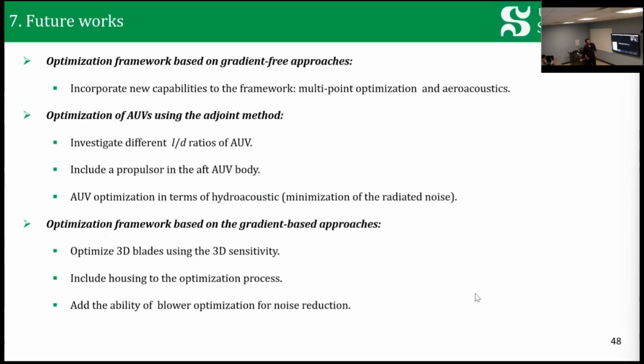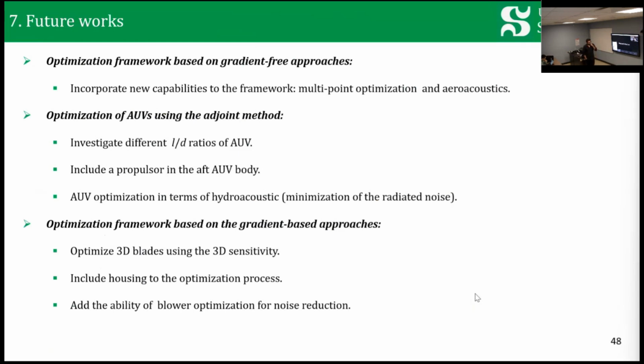Future work for the gradient-free approach, the framework: for modern turbo machines, it is important to have different operating points. So it is important to add multi-point optimization to this framework.